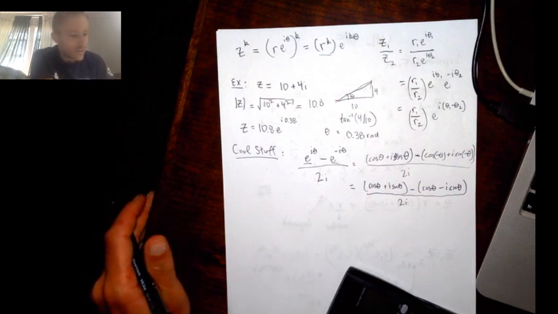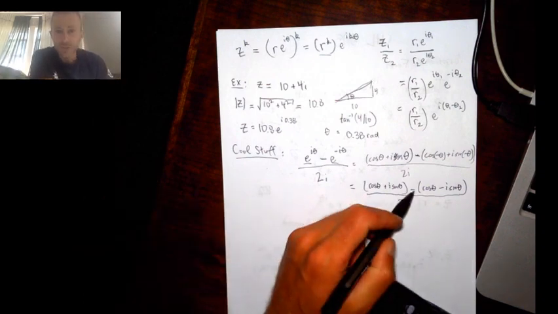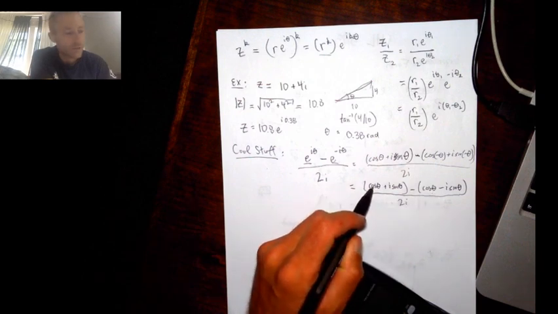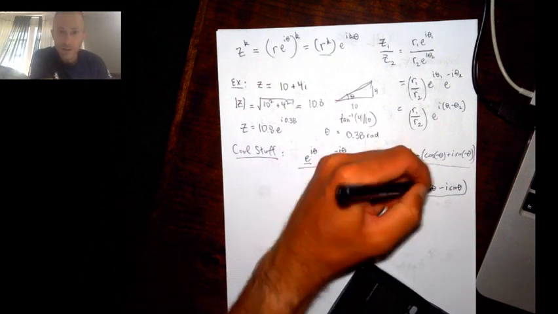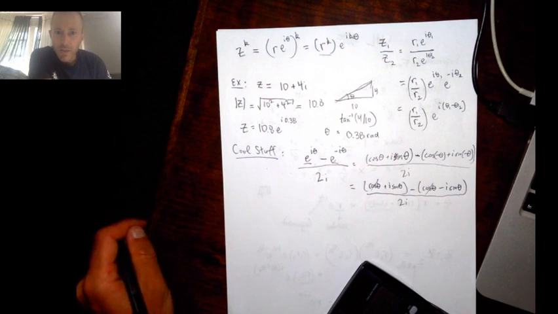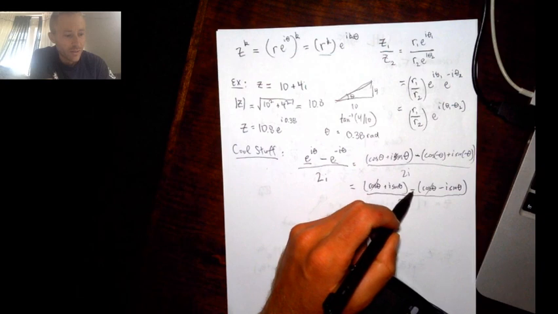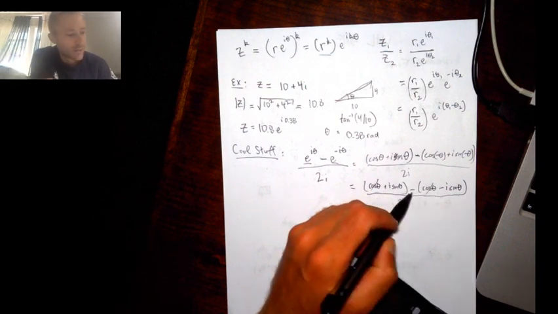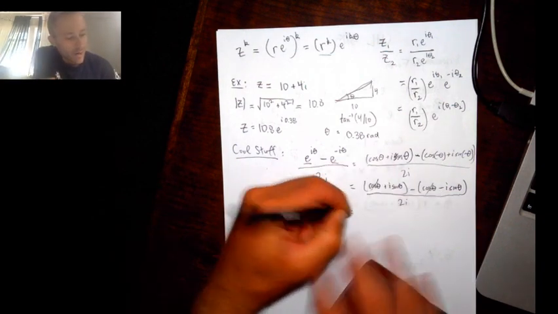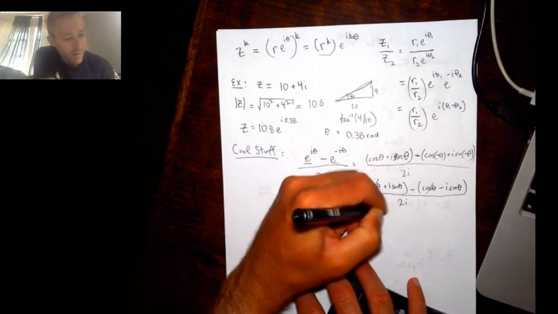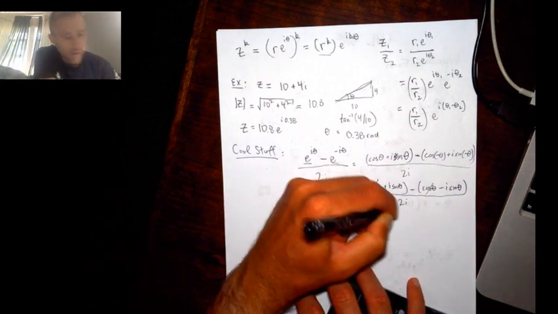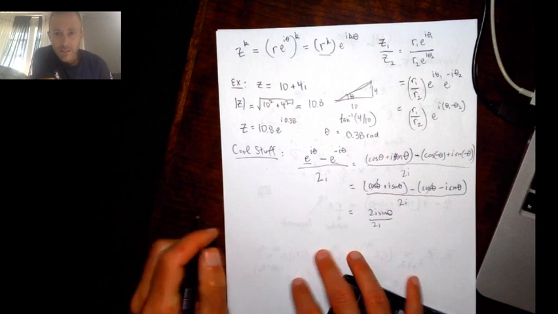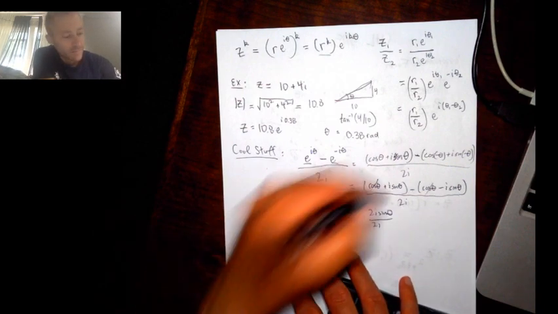Now you can see that the cosines are going to cancel each other out because I have cosine minus cosine. And then the sine terms are going to add together because you have negative, negative. So you get 2i sine of theta over 2i, so you just get sine of theta.